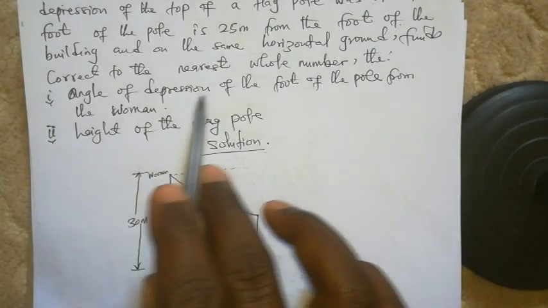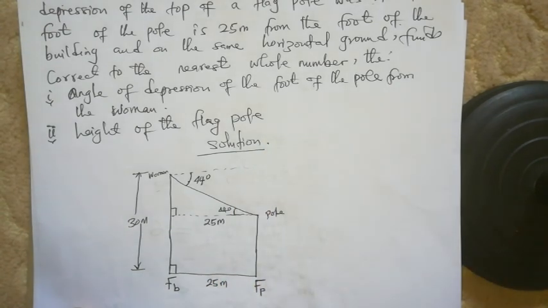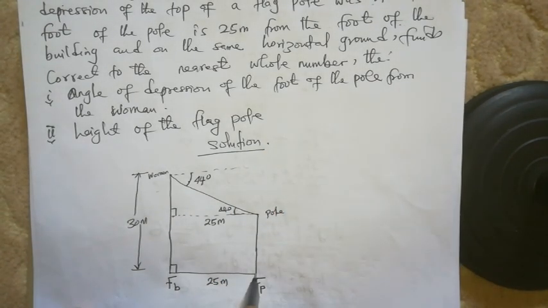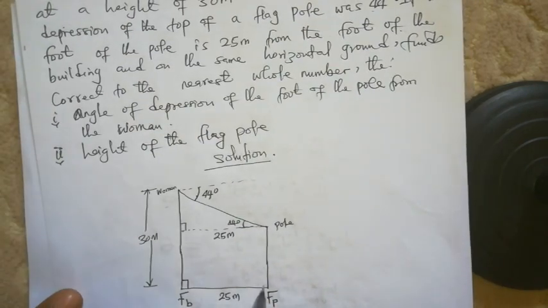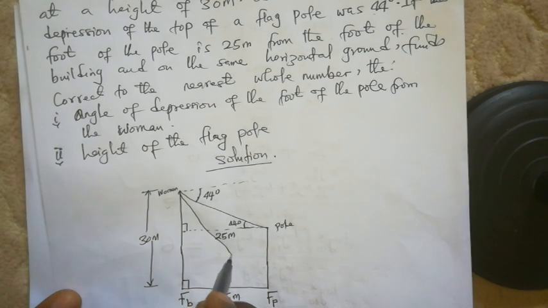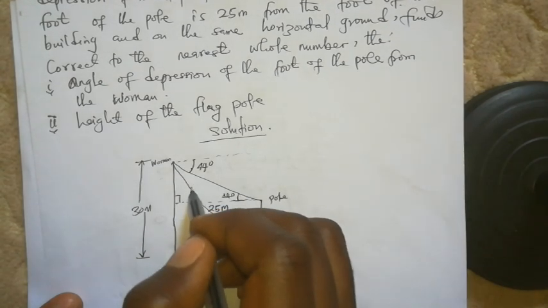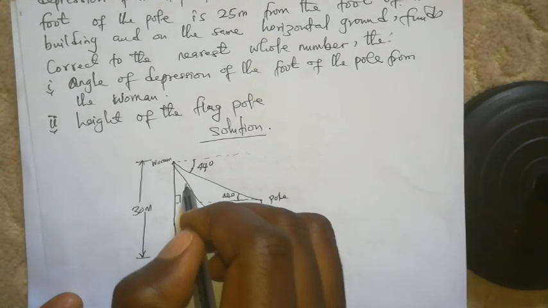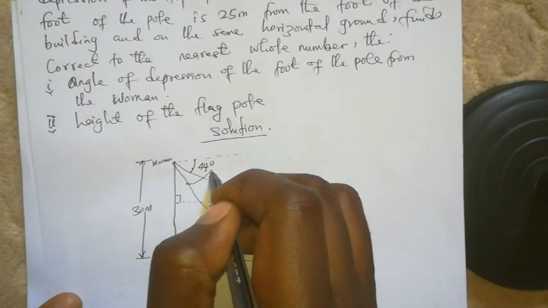They say find, correct to the nearest whole number, the angle of depression of the foot of the pole. Where is the angle of depression? This is the foot of the pole, so the angle of depression from the foot of the pole is going to be from here like this.